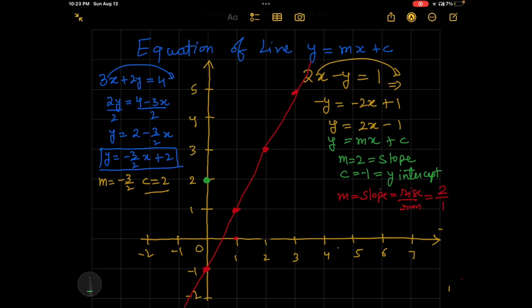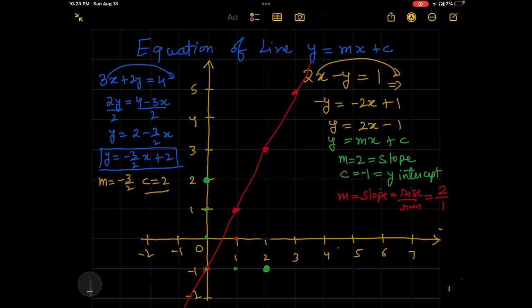And then the next thing we see is its slope is minus 3 over 2. So rise over run. So rise is negative 3. Negative 3 is actually fall, not rise. So it will go down 3 and forwards 2. So 1, 2, 3, and 1, 2.